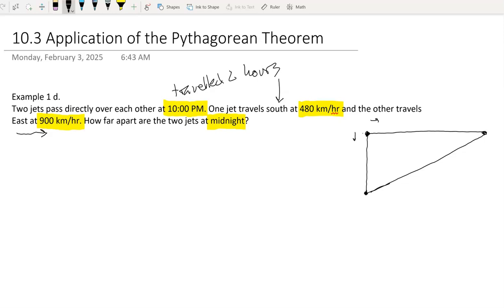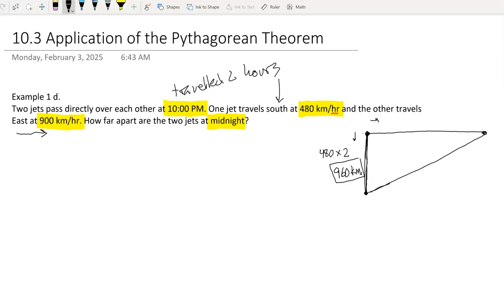Alright, so this 480 kilometers per hour doesn't tell us how long this segment is because it's a speed, but we do know that it's been traveling at 480 kilometers per hour for 2 hours. So this is going to be 480 kilometers per hour times 2 hours. So this side is going to be 960 kilometers, and this is the distance that we need.